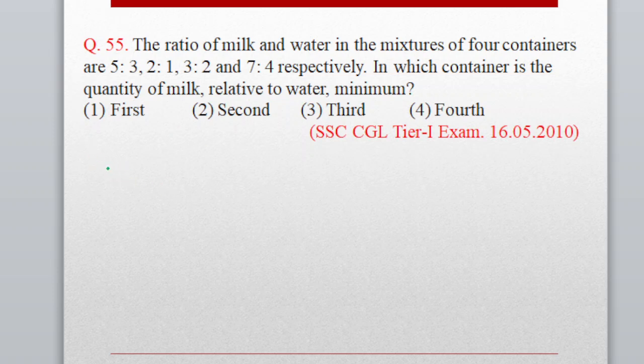Now here we have to find the quantity of milk. That means in the first container milk is 5/8, which is equal to 0.625.